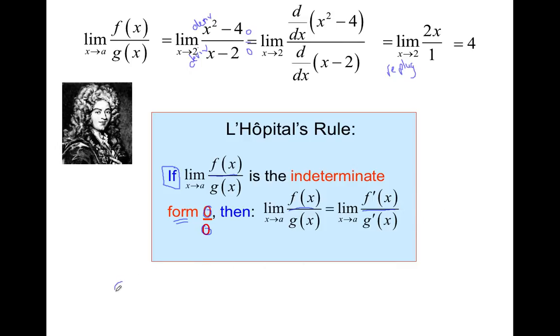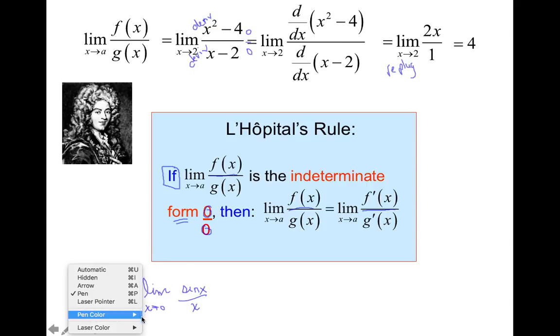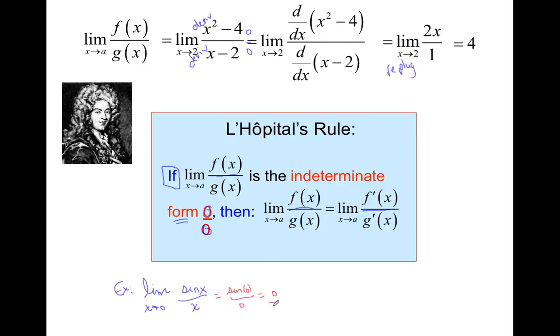So, for example, when we were doing the limit as x approaches 0 of sine x over x, we plugged in and we got sine 0 over 0, which is 0 over 0.